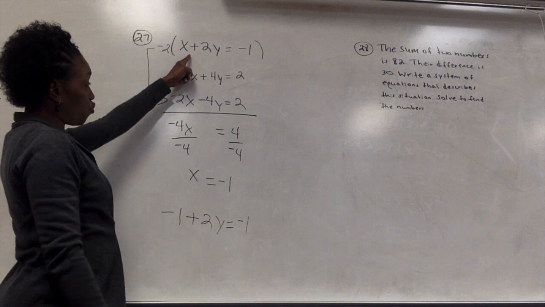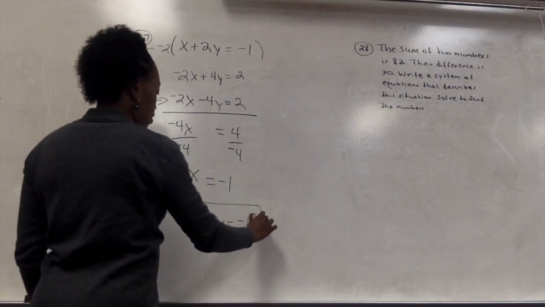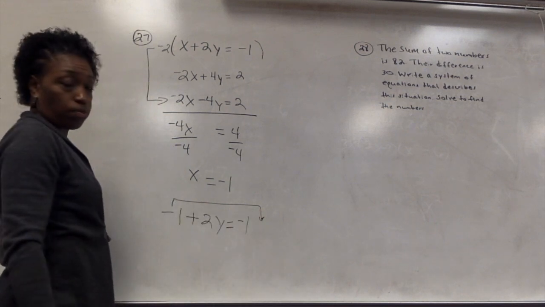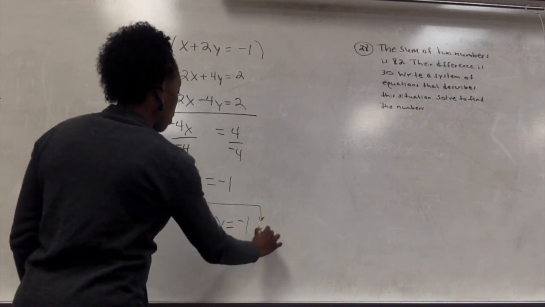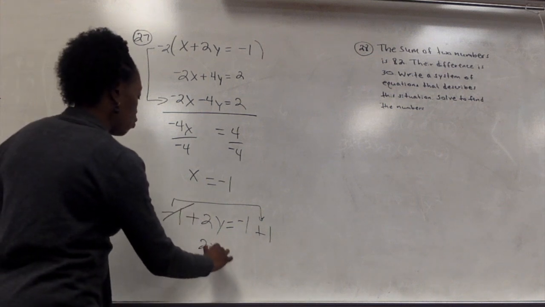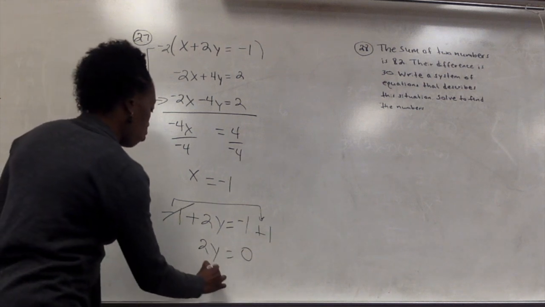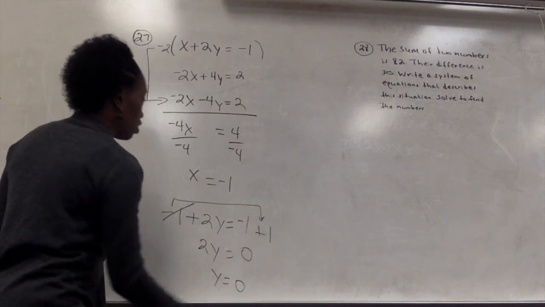So I'm using the first equation. I'm going to add 1 to both sides. So when I add that 1 to both sides, the negative 1 on the right-hand side becomes 0. So now I have 2y is equal to 0. And of course, y is going to be equal to 0.